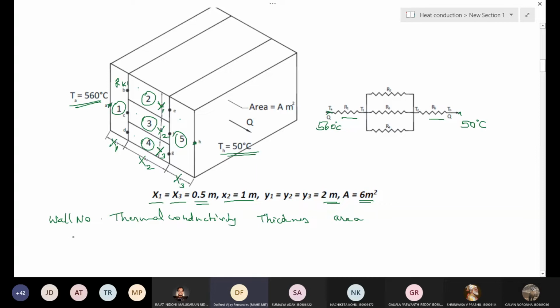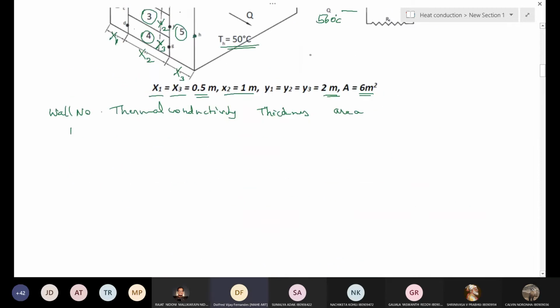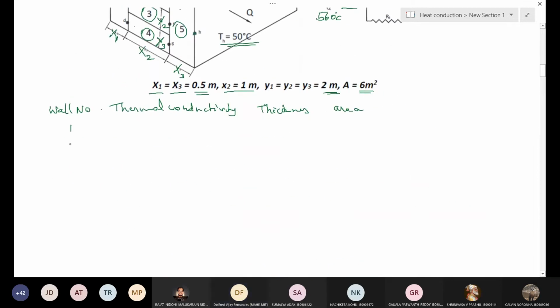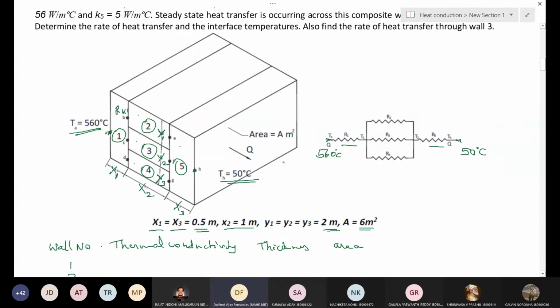So wall number 1, what is the thermal conductivity? 360. So wall 2, wall 3, wall 4, 5. The thermal conductivity of the first wall is 360, 202, 105, and 56.